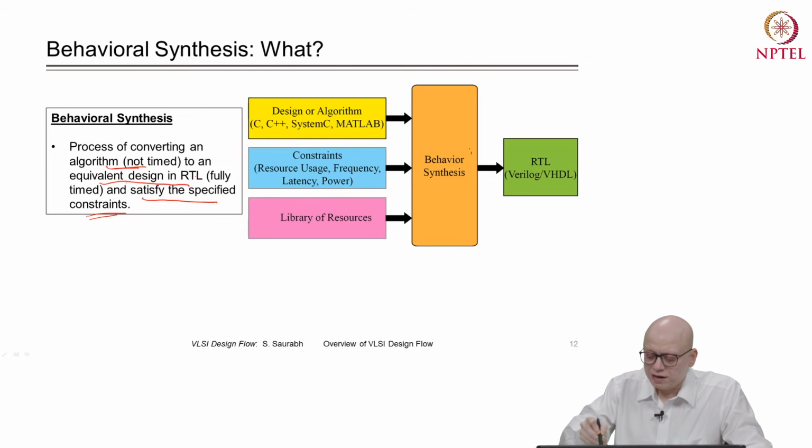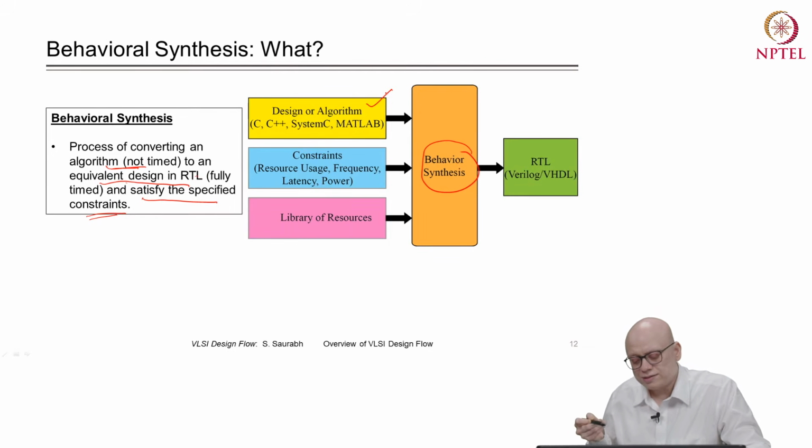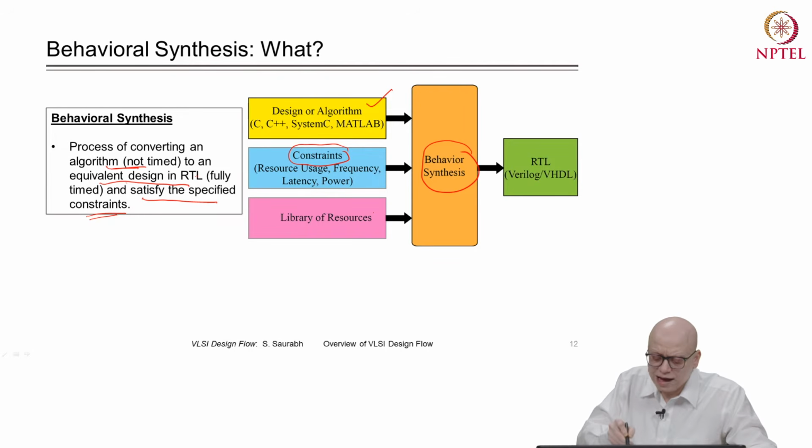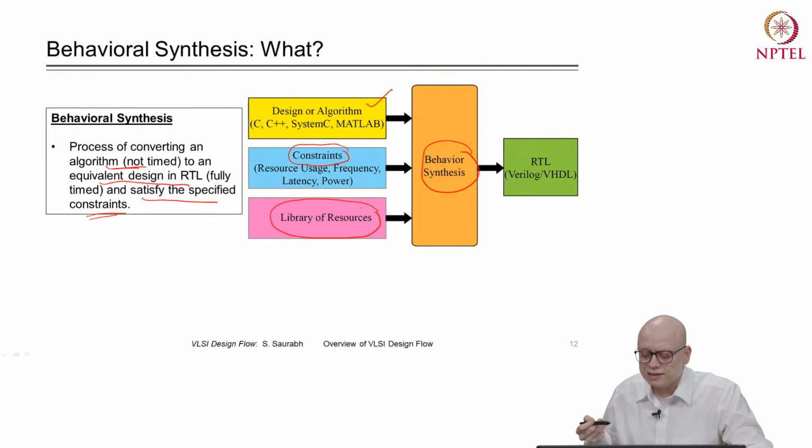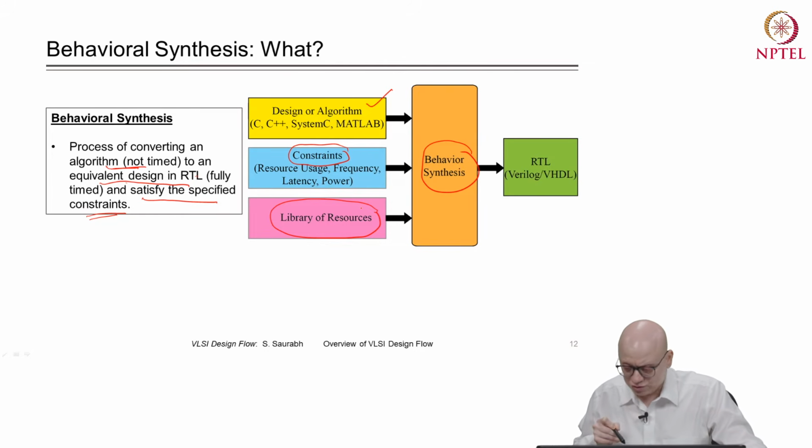We give to the behavior synthesis tool the given algorithm, which may be in C, C++, System C or MATLAB, and then we also give the constraints of resource uses, frequency, latency, power, and the library of resources, meaning that if we have adders, multipliers and other entities in our design, and the behavior synthesis tool uses them, what will be the cost implications of each of these entities? Those will be contained in the library of resources.